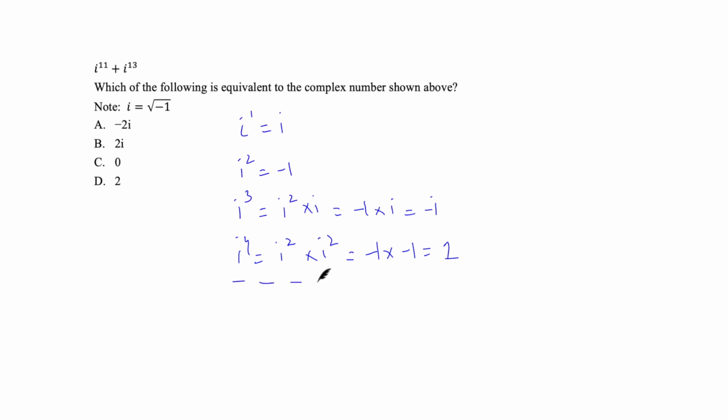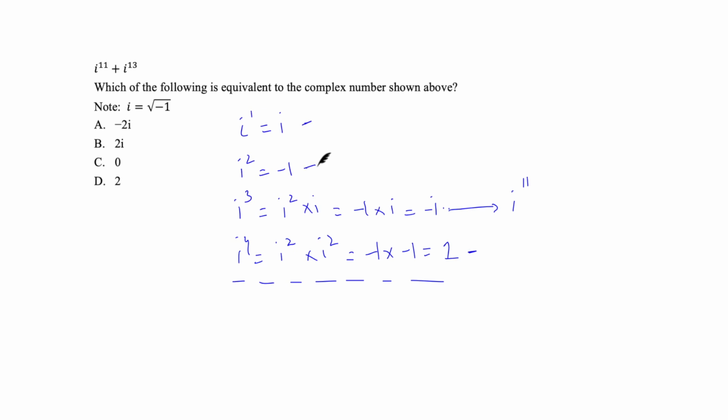And then powers repeat. So for i raised to power 11, you just divide 11 by 4 and then count the remainder. 11 divided by 4, we have 3 as a remainder. So 1, 2, 3. This is basically i raised to power 11. If there is no remainder, then you will have this answer. If the remainder is 1, then you will have this answer.